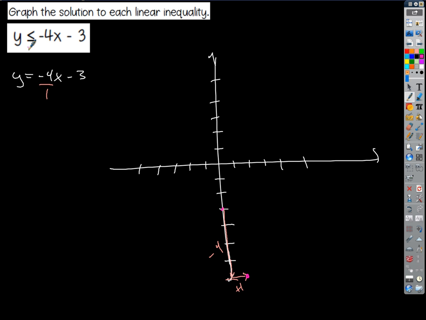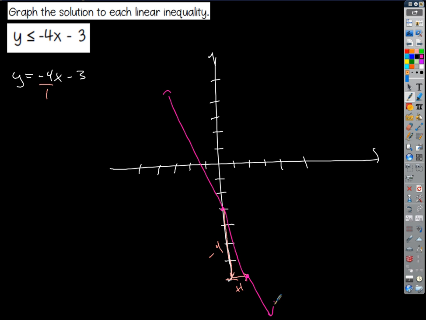Then the line is just the boundary, but it's not included. Does that make sense? What kind of line would I make then? Dash. Dash line, right? Just to indicate that it's just a boundary, but it's not part of the solution, right? But in this case, I am going to include the line, and it looks roughly like that, right? So there's the line part.